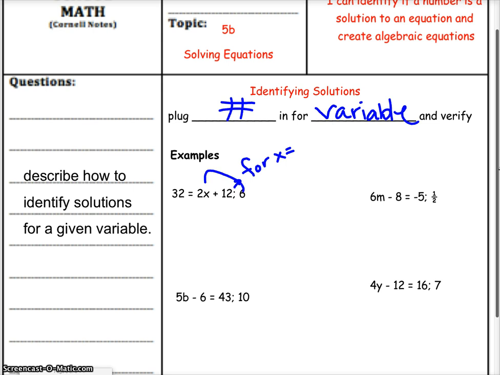So I put the 6 in there. And then I go, does 32 equal 2 times 6 plus 12? Does 32 equal 12 plus 12? 32 does not equal 24. So 6 is not a solution.